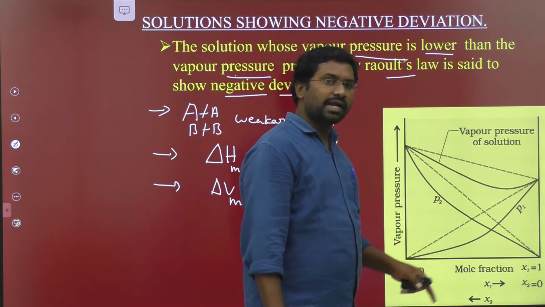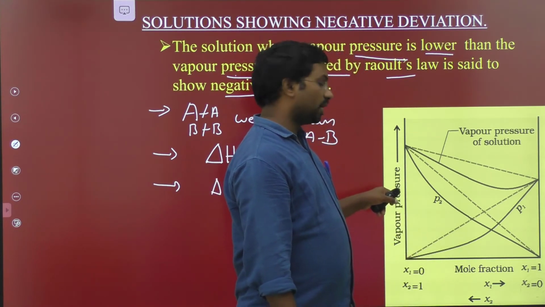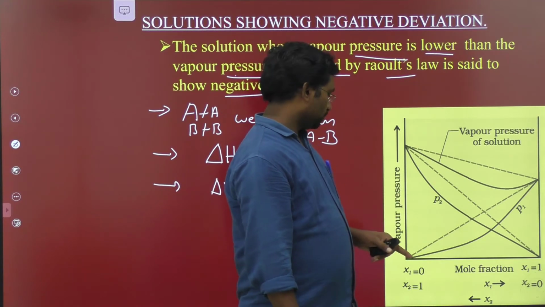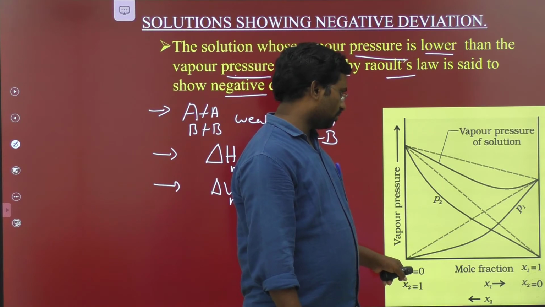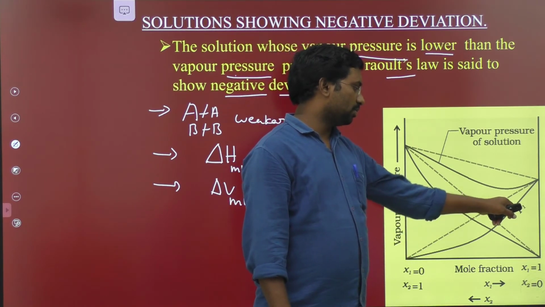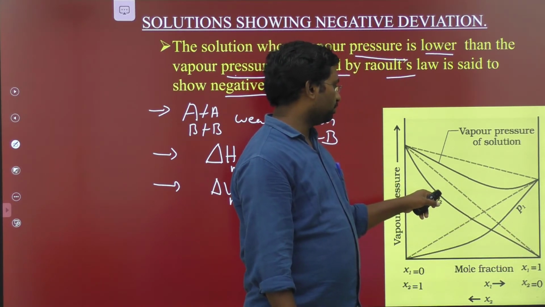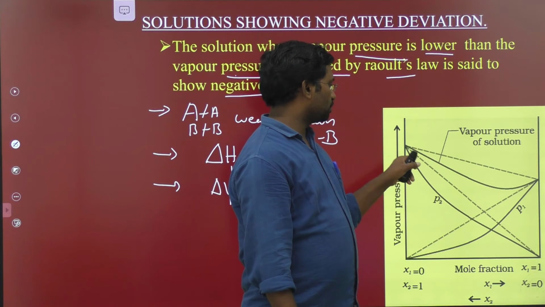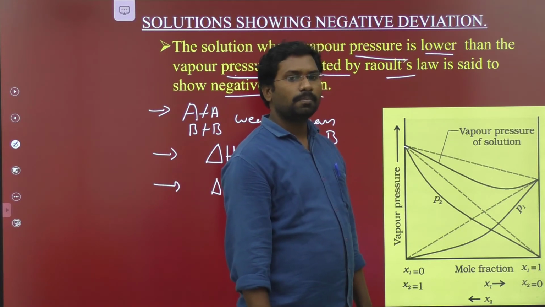Once you look at the graph, on the x-axis we take mole fraction, and on the y-axis we take vapor pressure. So this is for component x1 equal to 0, x2 equal to 1. This is the curve for component 1, vapor pressure P1, and this is for component 2, vapor pressure P2. The resulting vapor pressure of the solution is P equal to PA plus PB.